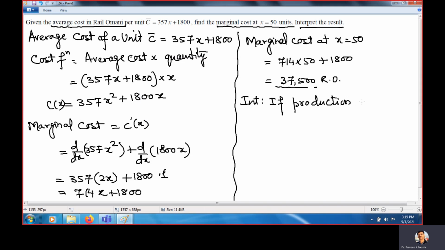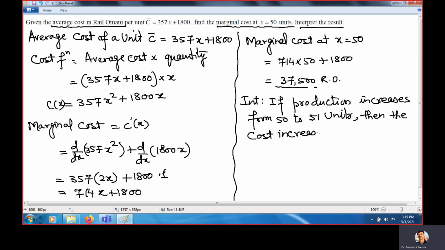If production increases from 50 to 51 units, then the cost increases by 37500 Riyal Omani. So in both the questions, if you see, we multiply by x.